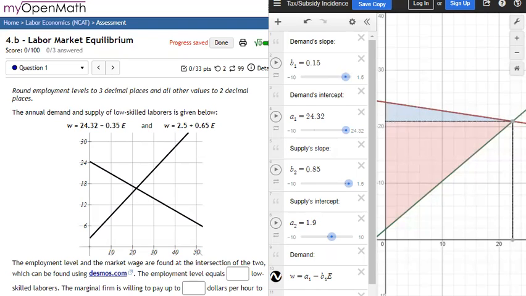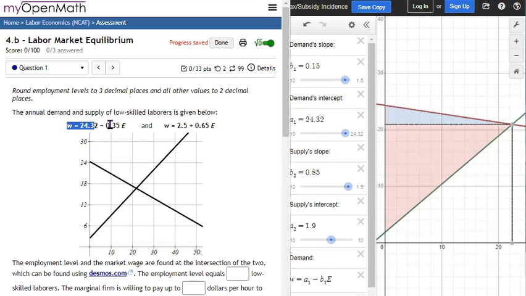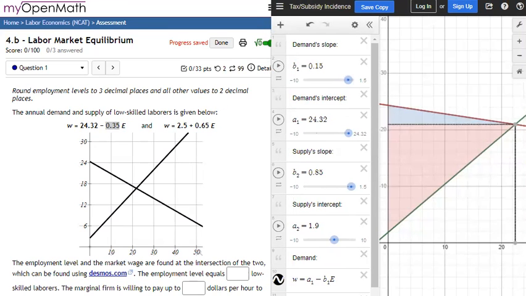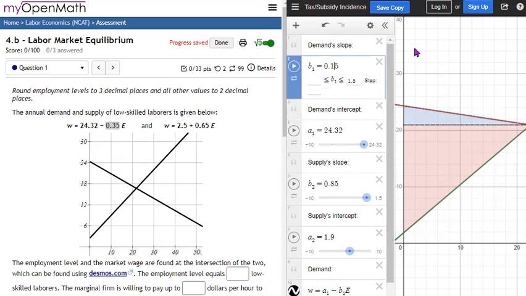That will open up this Desmos.com model. What we want to do is set, this is the labor demand equation, right? This is the demand's slope. So we want to set the parameters of our model up, right? If you look at just the absolute value of the demand slope, it is 0.35.